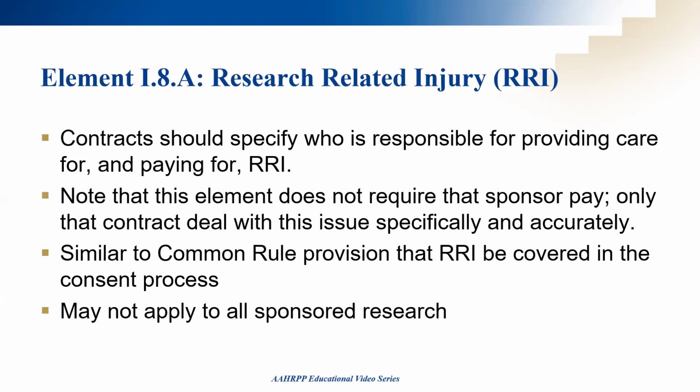And it's very important to note that this element does not require, in every case, that the sponsor pay, although that's desirable in many cases, but only that the contract deal with this issue clearly, specifically, and accurately.